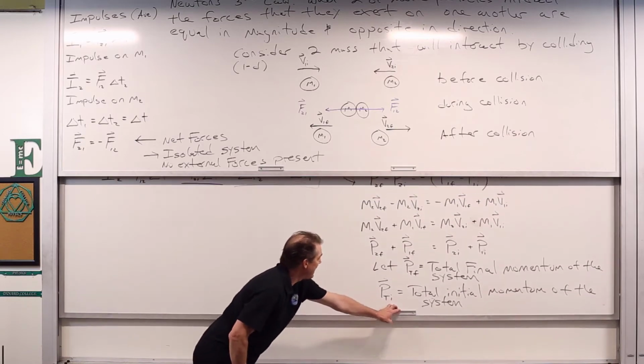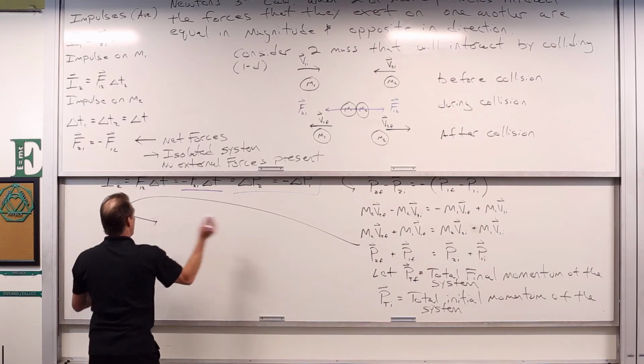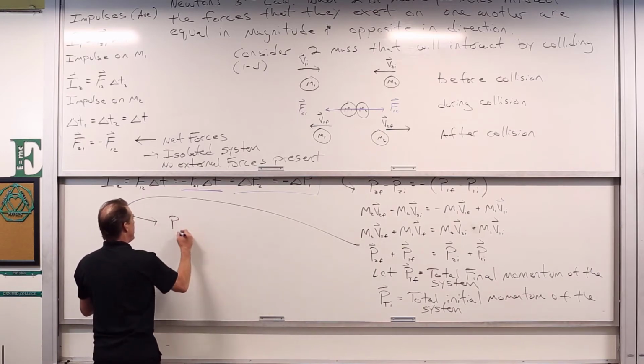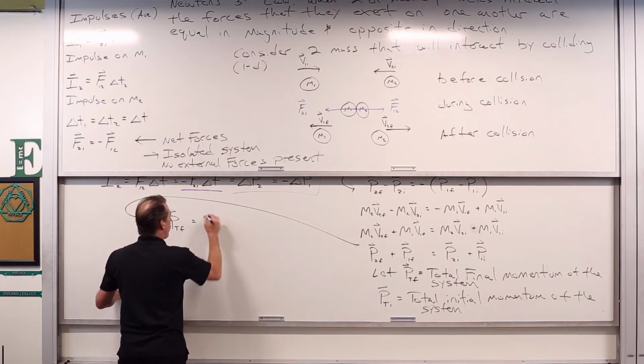What can we do with that then? Well, from this, we have then that P total final hat is equal to P total initial hat.